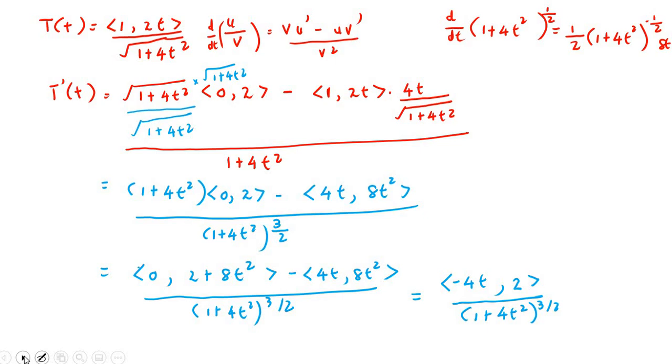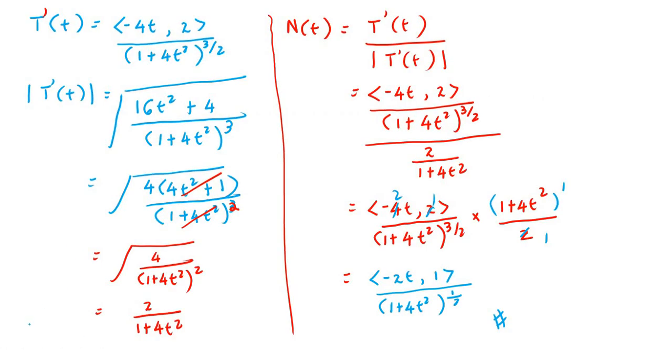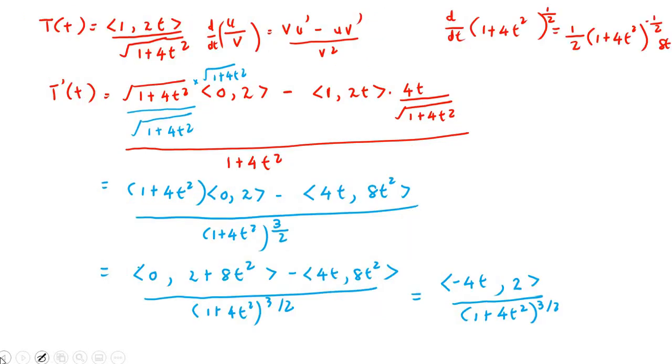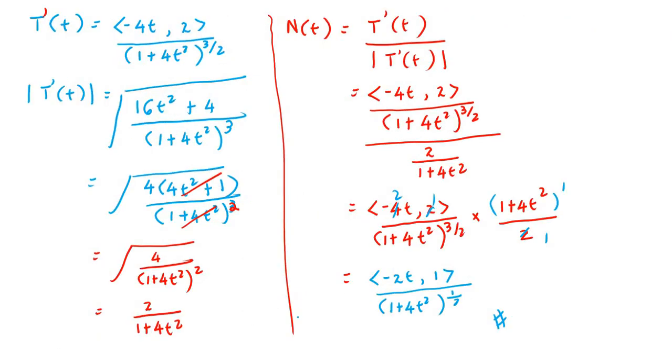Example, the third example. So we want to evaluate it when t equals 1. We already found T(1), so we need to find N(1). For N(1), plug in t is 1.